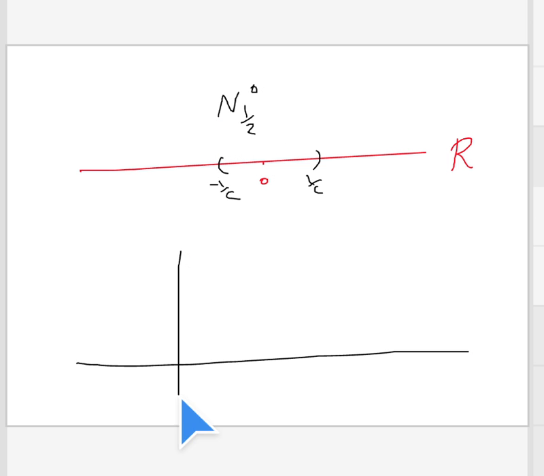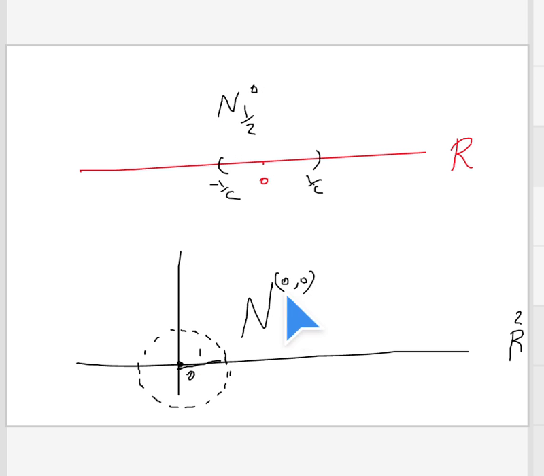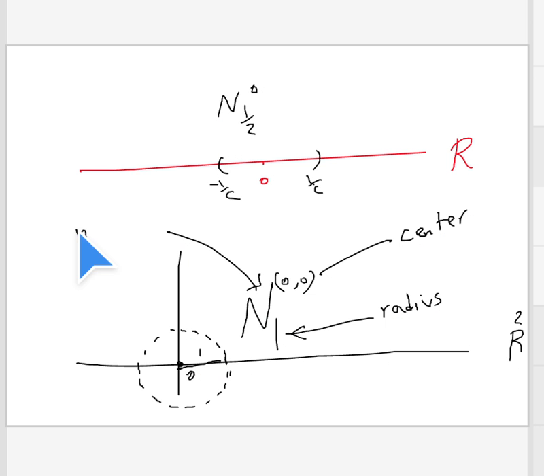And if, for example, this is R2, with center 0 and radius 1, this is N(0, 1). This is the center, this is the radius, and this means neighborhood.